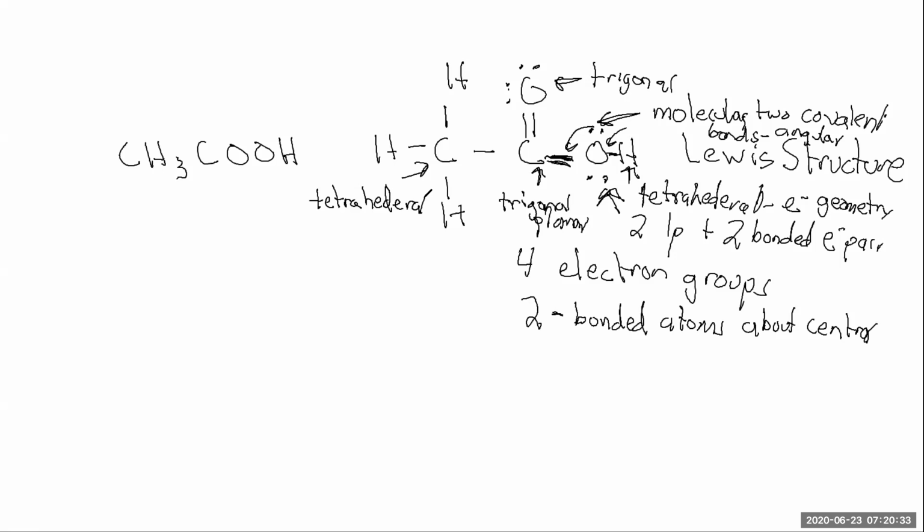Okay, so there's another example of the geometry about a central atom using VSEPR theory for the atoms in acetic acid.